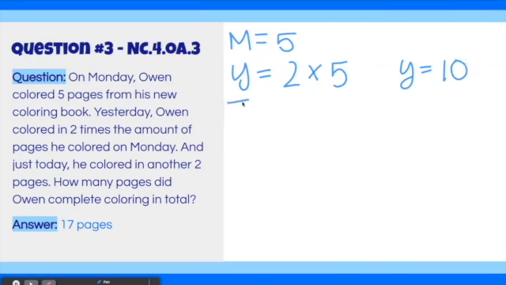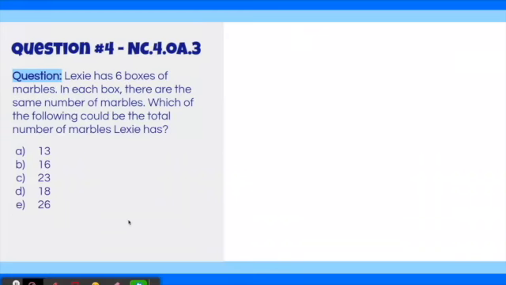And today, which is represented by the letter T, he colored in 2 pages. But now the question is asking how many pages he completed coloring in total. So to find that, you have to add the number of pages he colored on Monday, which is 5, plus the number he colored yesterday, which is 10, plus the number he colored today, which is 2. And that gets you 17.